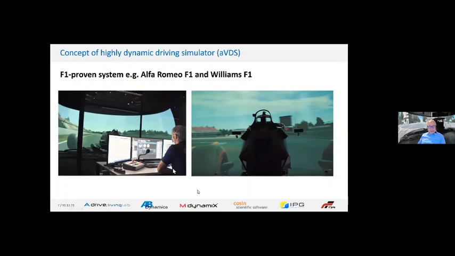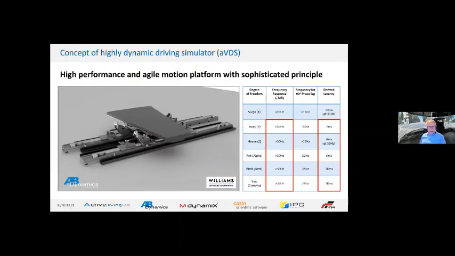And the driving simulator brings us, let's say, big potential and guarantees a high dynamic, which we haven't found in any other driving simulator. This was the reason why we decided for that and started a cooperation with MdynamiX at all.